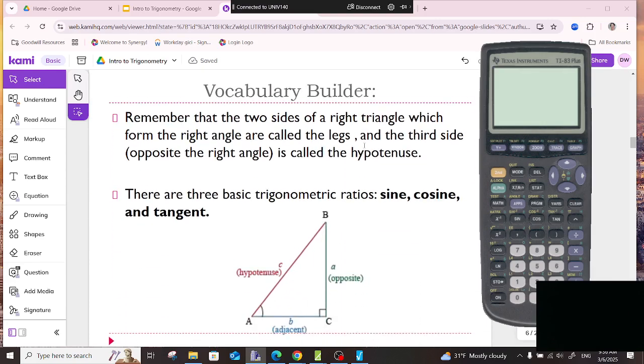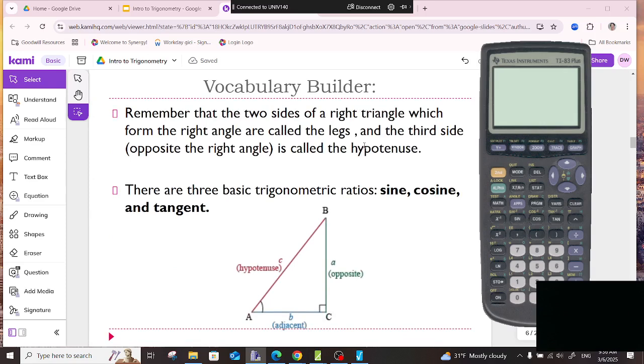Okay, so remember that two sides of a right triangle form a right angle called the legs. Everybody agree with that? Okay, the third side, opposite the right angle, is called the hypotenuse. There are three basic trigonometry ratios.